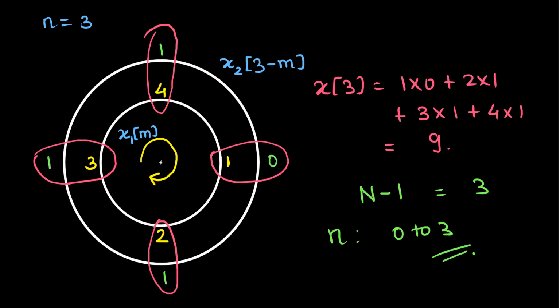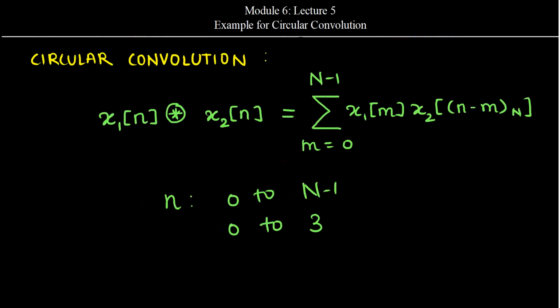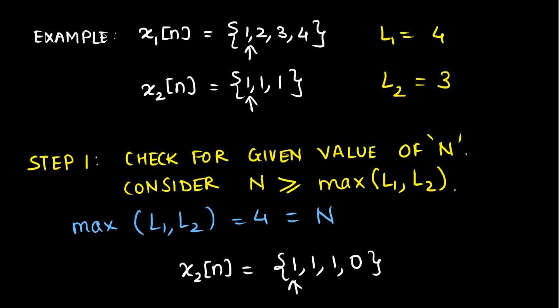So in this lecture we have considered an example for circular convolution, where x1 of n is 1, 2, 3, 4 and x2 of n is 1, 1, 1. The first step is to check the value of n, and if it is not given, then consider the value of n as at least equal to the maximum of L1 and L2, where L1 and L2 are the lengths of the given sequences x1 of n and x2 of n.